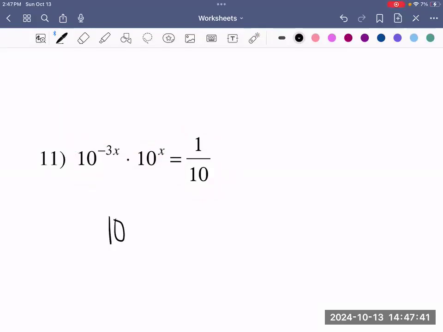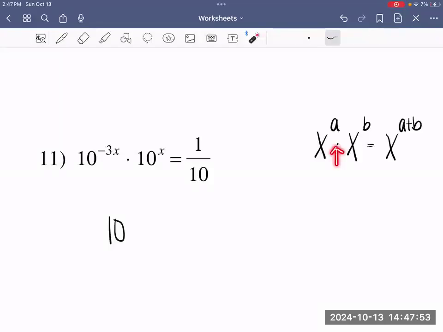But keep in mind when we have x to the a times x to the b, what do we normally do to your exponents? Well, we can add your exponents together, even though there's multiplication between the two of your bases. Your bases are the same, so we can go ahead and add your exponents. So for these, we're going to add negative 3x plus x to make 10 to the negative 2x.